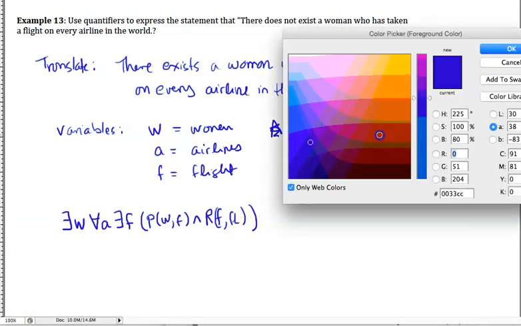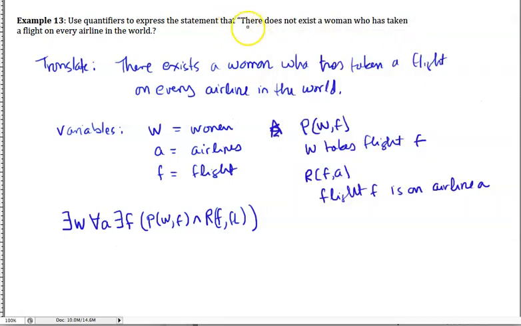But we don't want that statement, we want the negation. There does not exist a woman. So we want the negation of this. The negation basically propagates from one quantifier to the next, and it changes it. So when I negate the existential, it's going to be every woman.